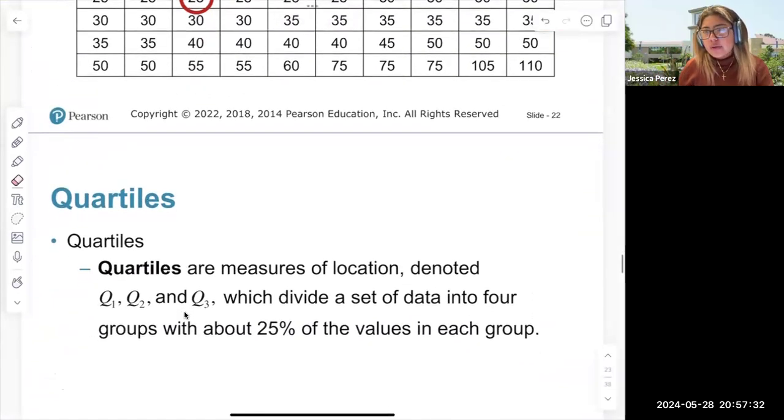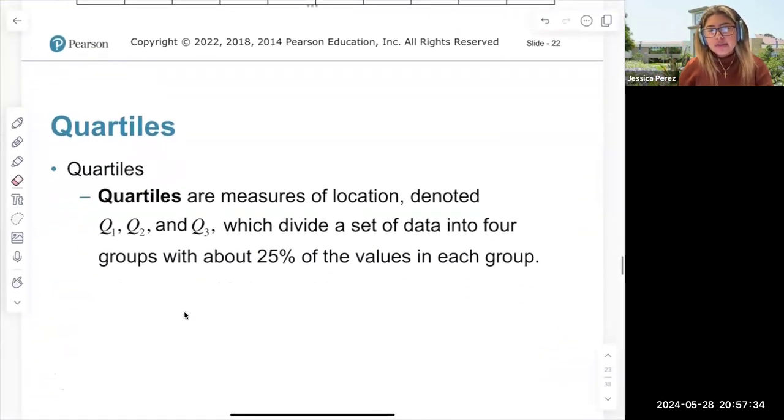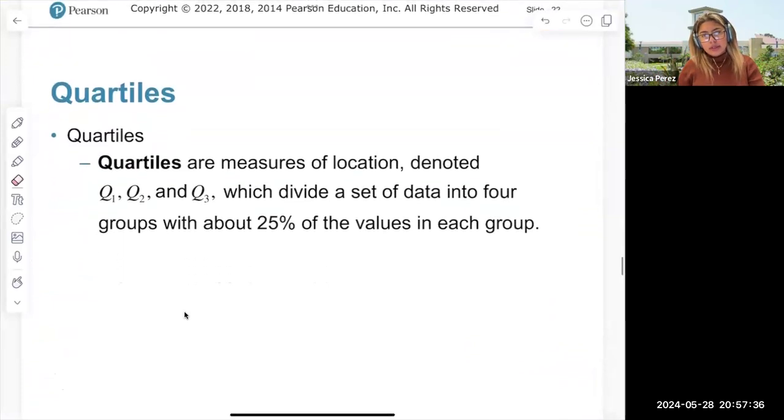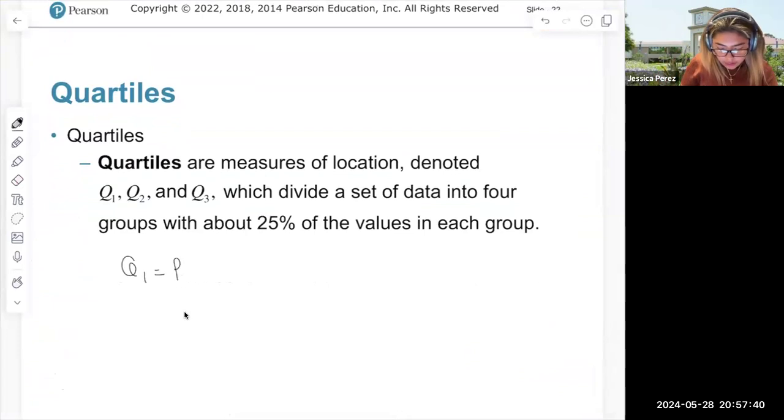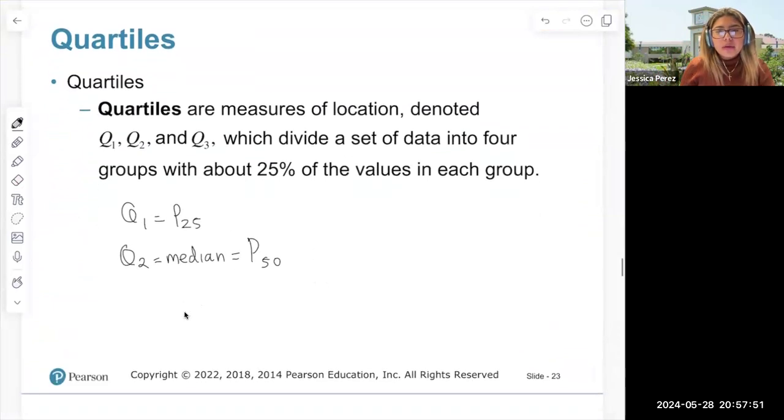The last part is quartiles. Again, we have quartile 1, quartile 2, and quartile 3. Quartile 1 belongs to P25, the 25th percentile. Q2 is your median of the data, which is the same as your 50th percentile. And Q3 is P75.